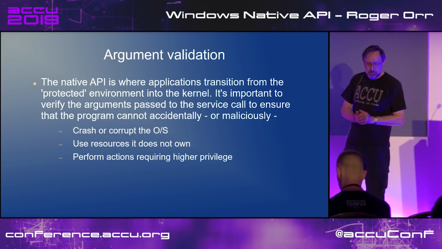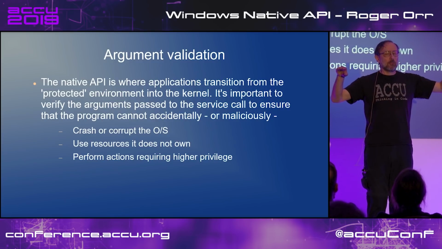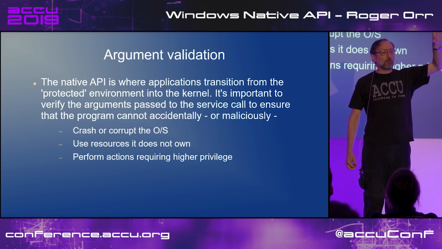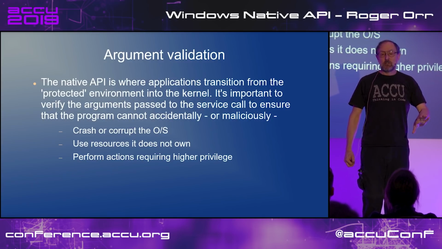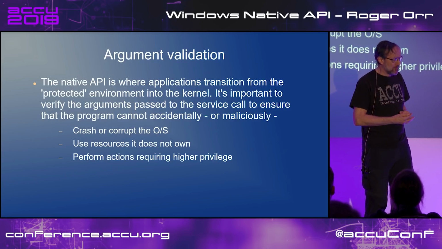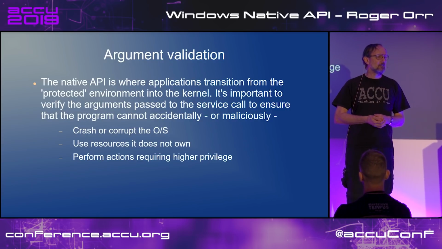So let's think about argument validation. The native API is the point, apart from the others which we'll come to, where user space switches to kernel space. Now, when Windows was started, viruses and stuff weren't really a big thing.